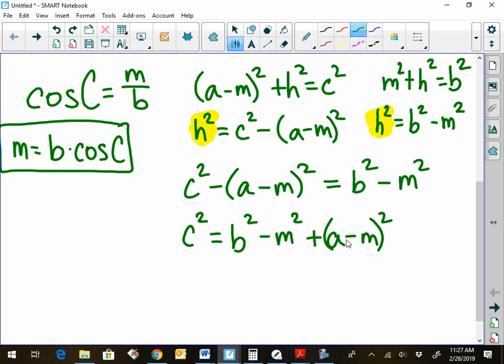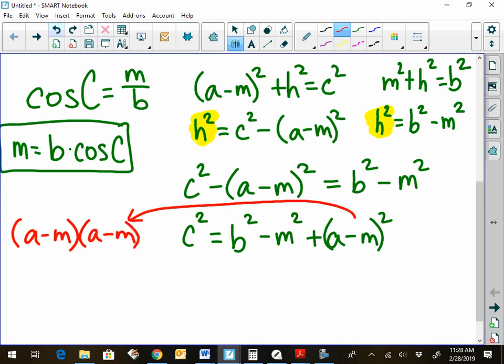Now, this (a − m)², we want to FOIL that. Some of you may be able to do that in your head, some of you may not, so I'm going to write this part in red, and you're welcome to write it with me, or you don't have to. When we square it, that means we have (a − m) times (a − m).